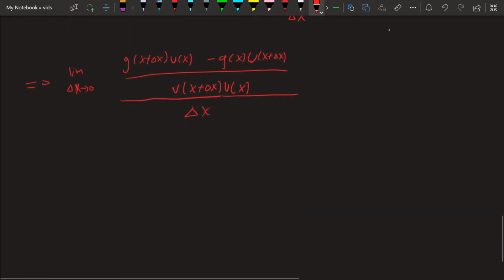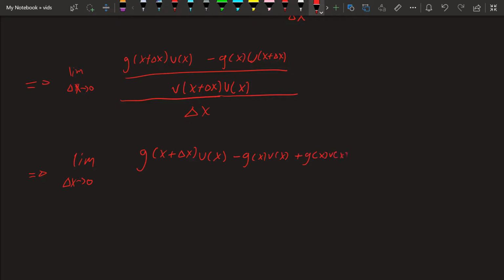Well, now I'm going to again manipulate this function. How am I going to manipulate it? I'm going to again add some weird coefficient that turns into a 0. So I'm going to subtract g of x v of x, and I'm going to add g of x v of x, okay?